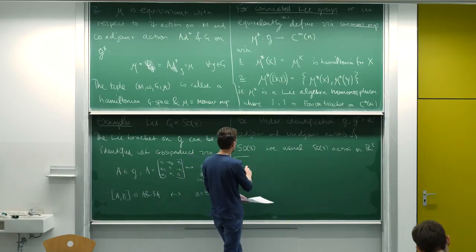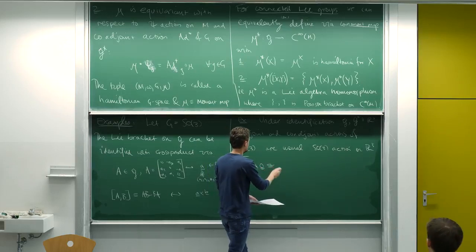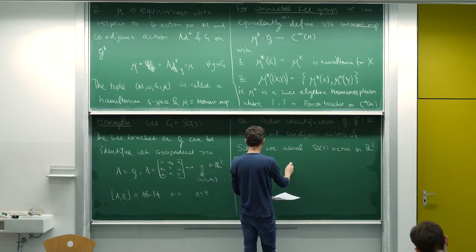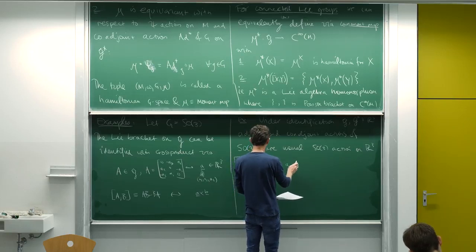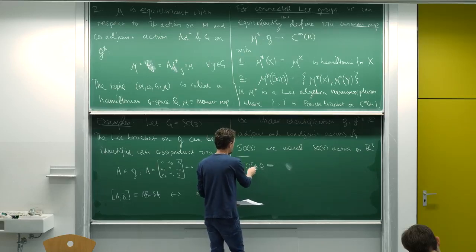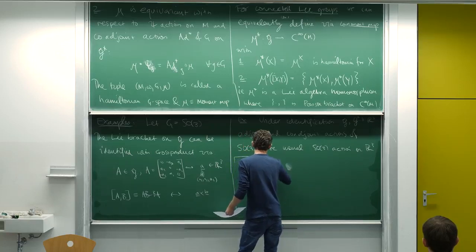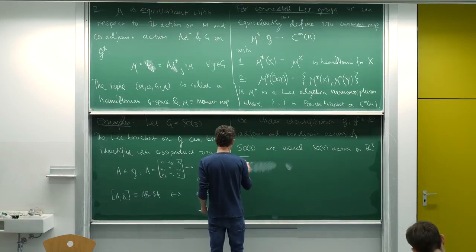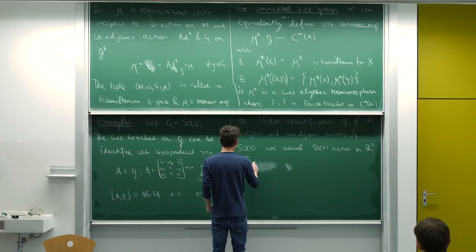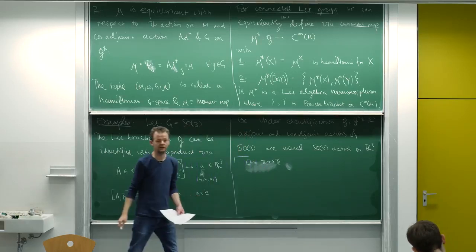So you want to show something like this, right? You want to understand how a skew symmetric matrix transforms. Suppose you have an infinitesimal rotation.